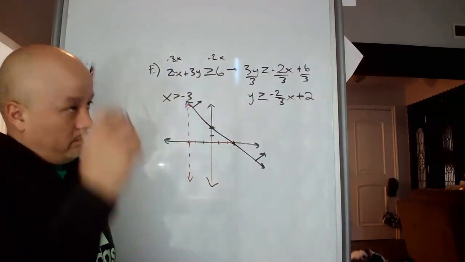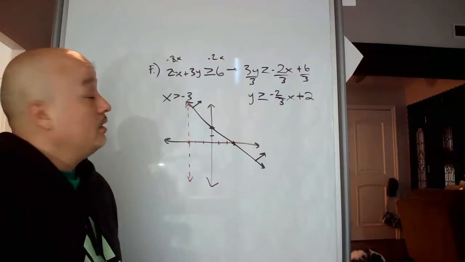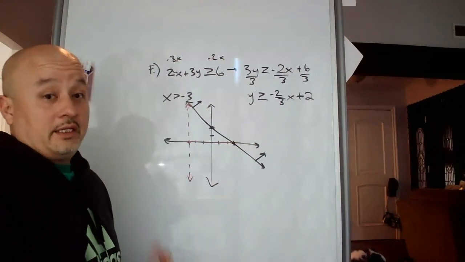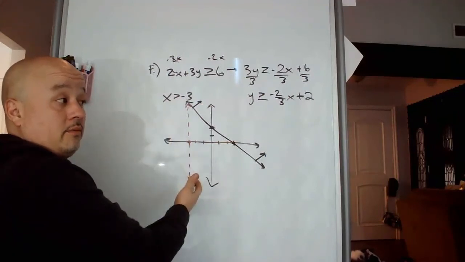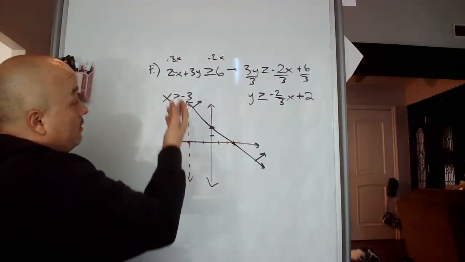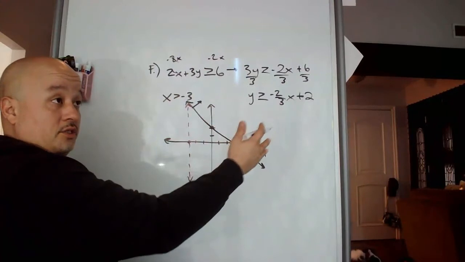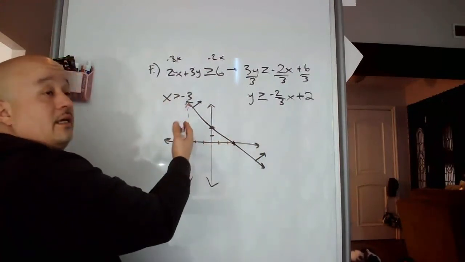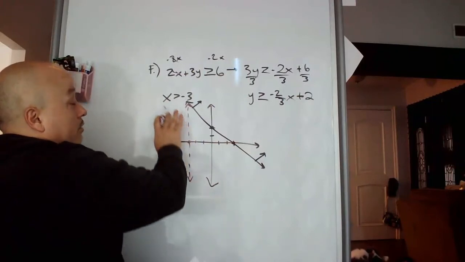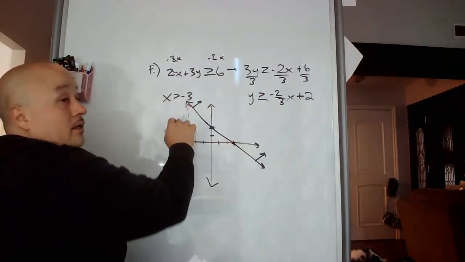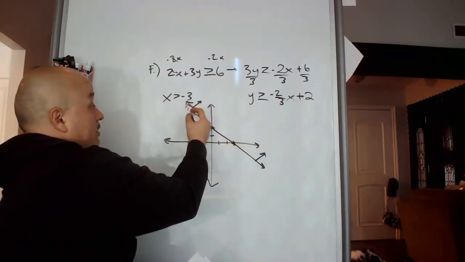Greater than, dashed line, doesn't have equal to. And if it is a vertical line, you can't shade above or below, so I can use this to remind you: the numbers that are greater than are on the right, so we'd shade right. If it had said less than, those numbers that are less than are on the left. So I want to shade all the numbers greater than negative 3, so again, that would be to the right.